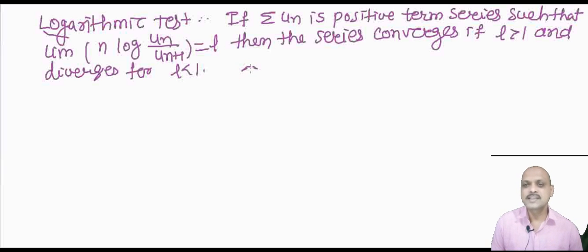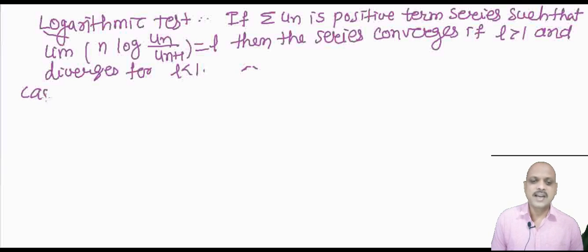So you can see that this test does not have the third condition. It does not make any statement about L equal to 1. It says only about when L is greater than 1 and when L is less than 1. It converges for L greater than 1 and diverges for L less than 1.